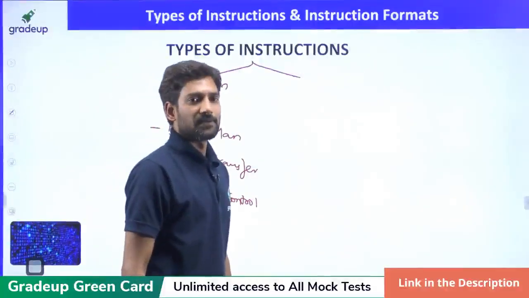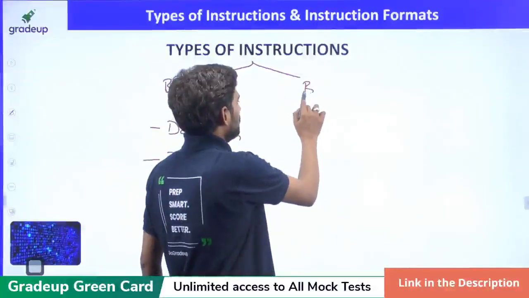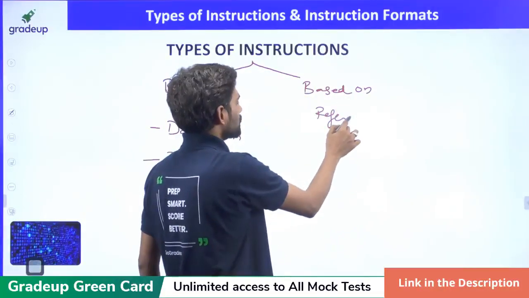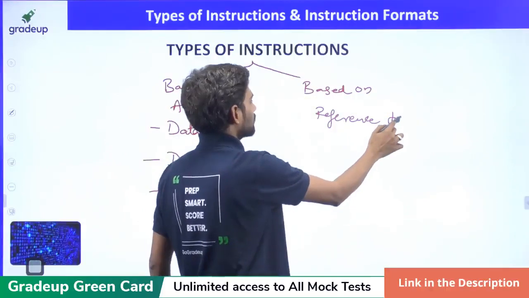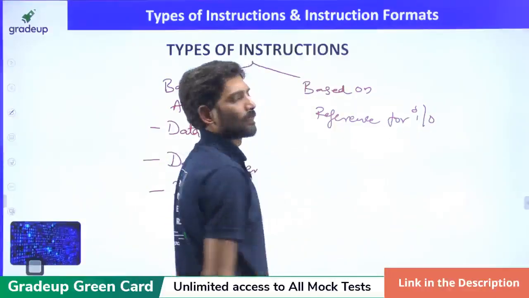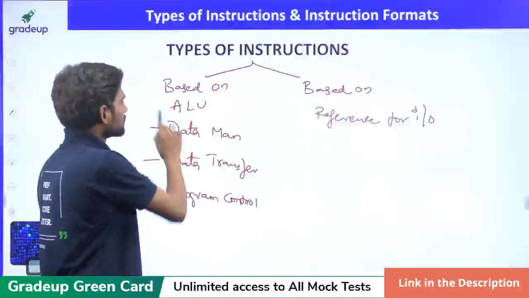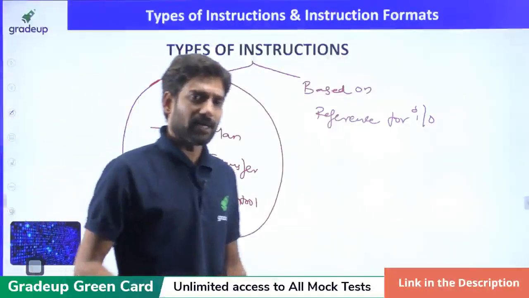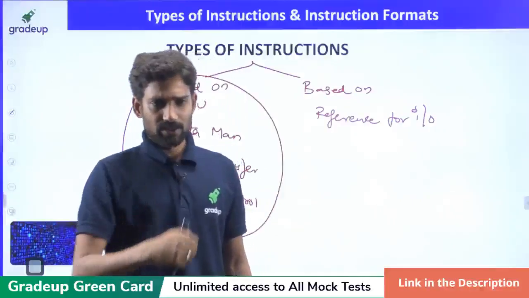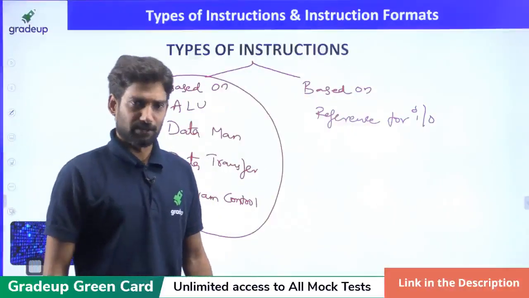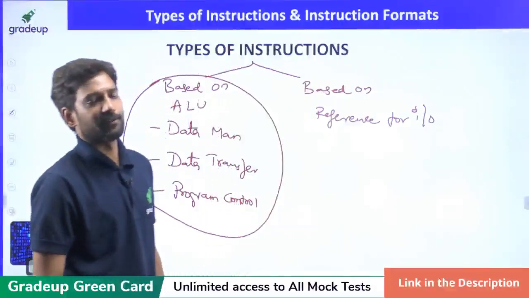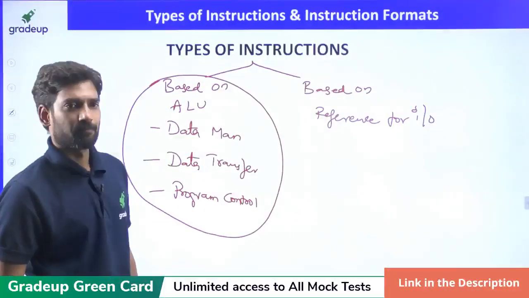And there is another classification: based on reference for IO values. In the last class, we have covered this. Based on the operation the ALU performs, instructions are classified. The other is based on reference for IO values.